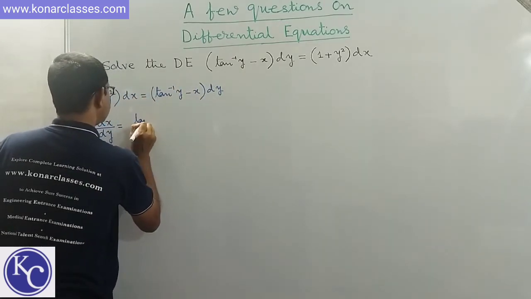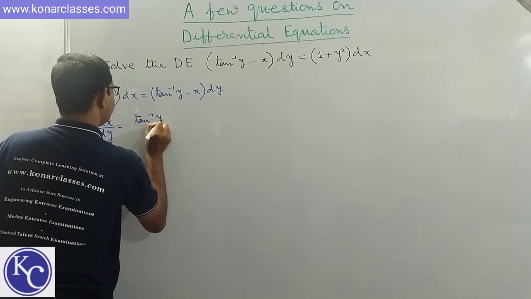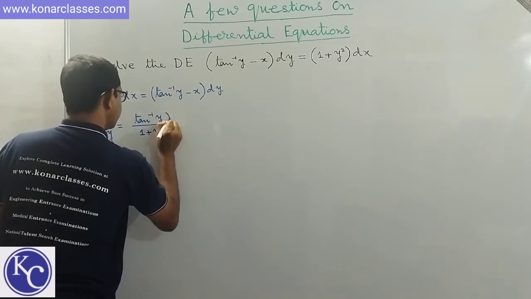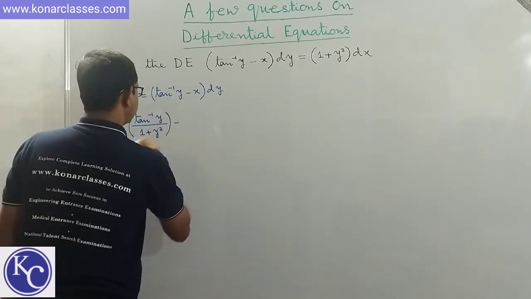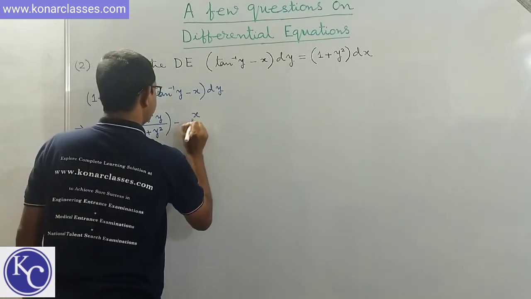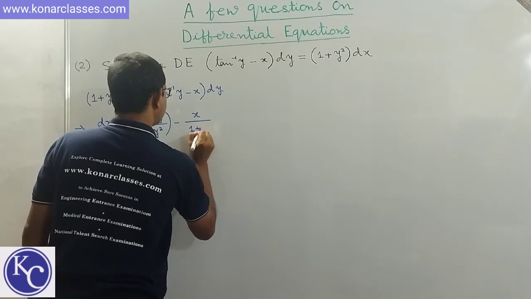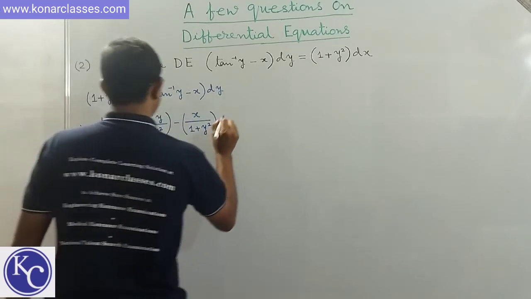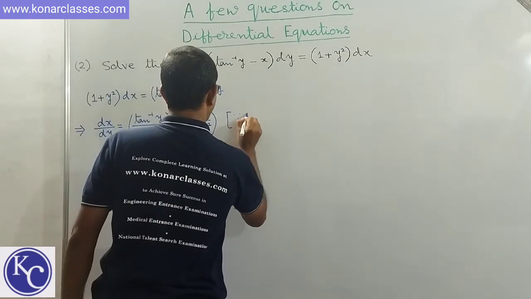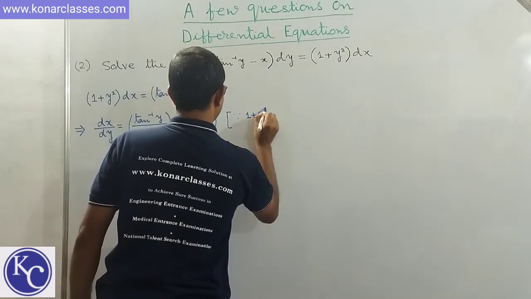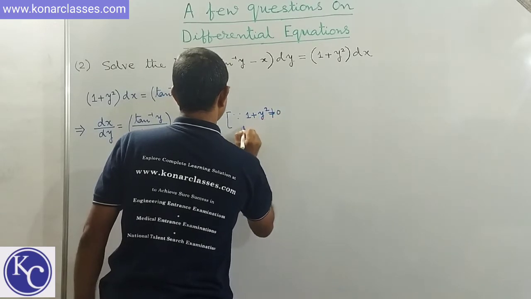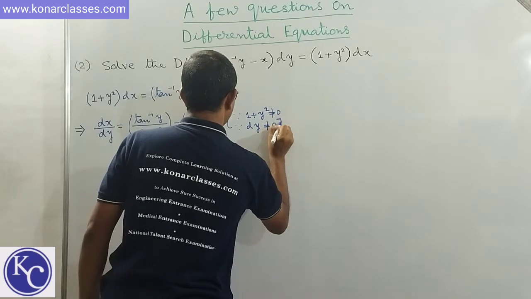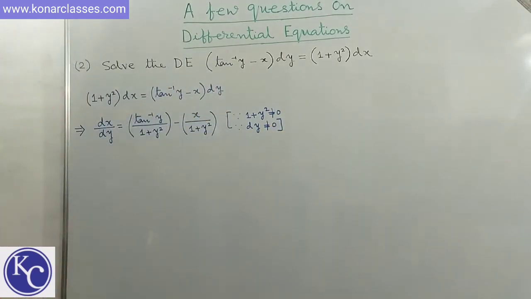That becomes tan inverse y divided by 1 plus y square, minus x by 1 plus y square, correct? And we are able to make this division since 1 plus y square cannot be equal to 0 and dy can also not be equal to 0, correct?